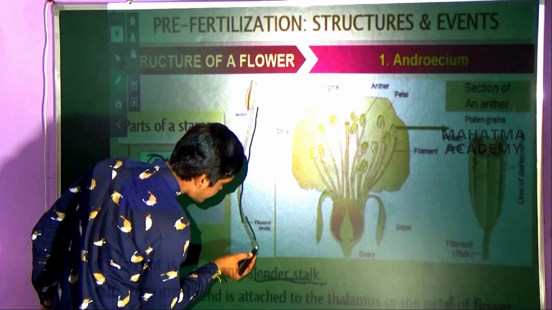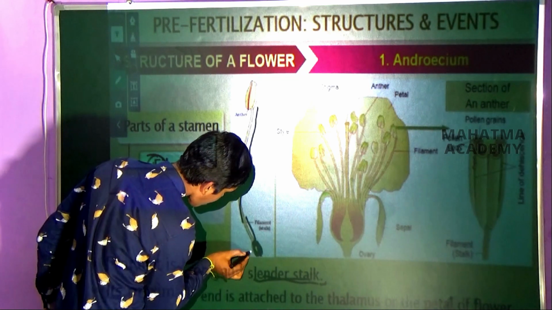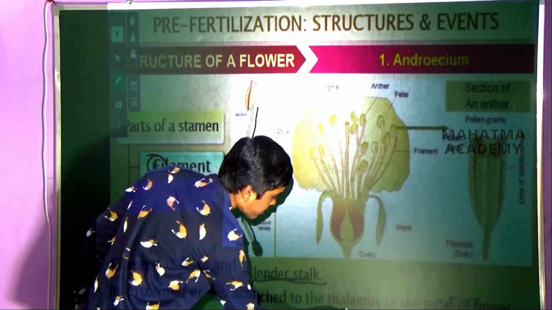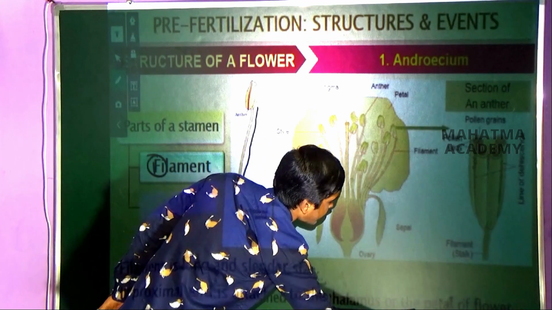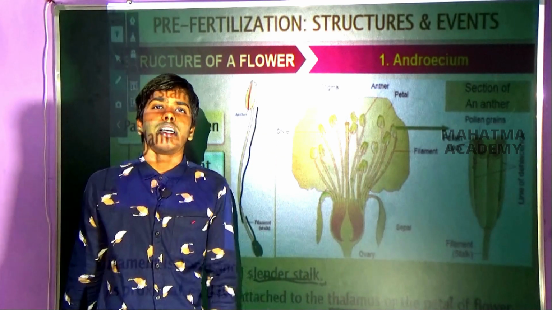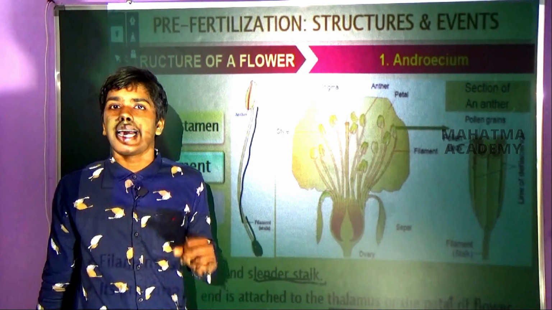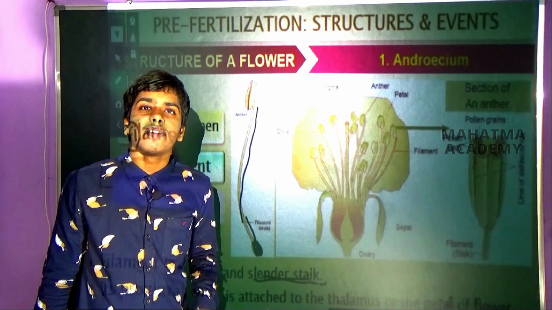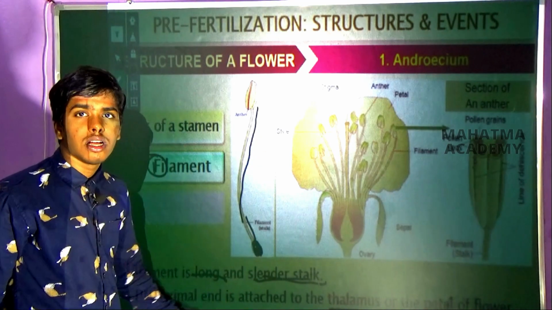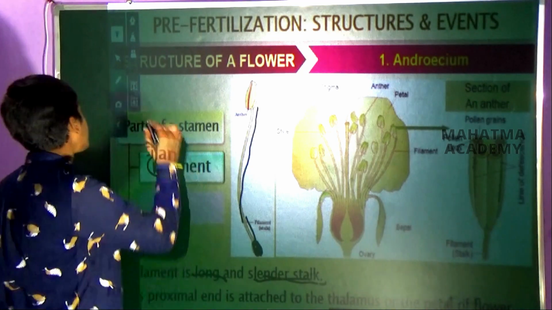Its proximal end is the proximal end. It attaches to the thalamus or to the petal. So, which part of the filament attaches either to the thalamus or the petal of the flower? It is the proximal end. Okay, this is about the filament.